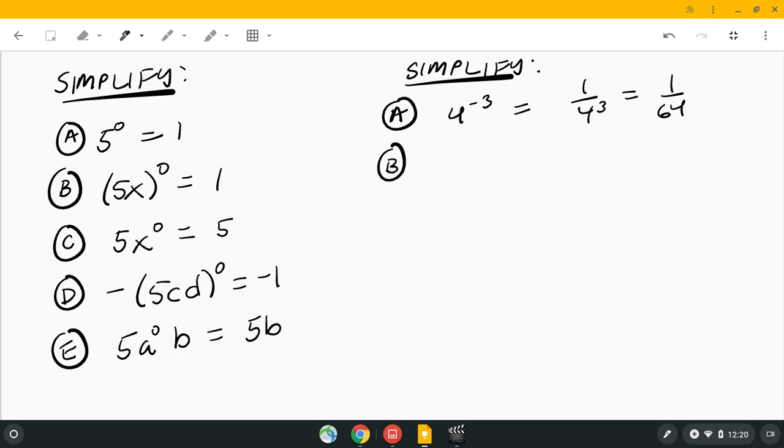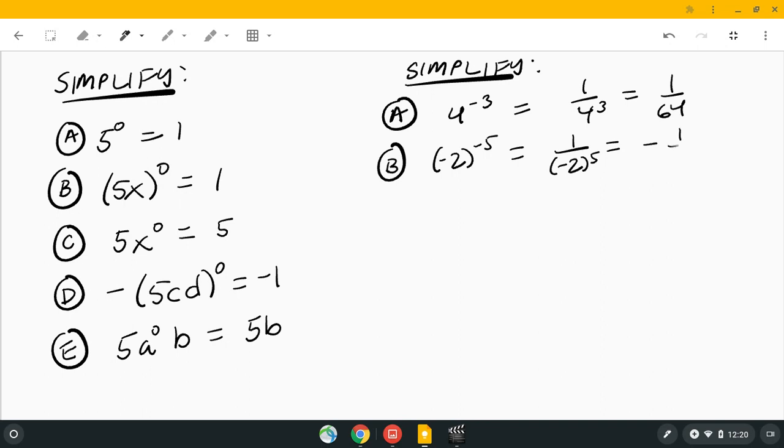If we have negative 2 to the negative 5th power, this will be 1 over negative 2 to the 5th. Negative 2 to the 5th is negative times negative times negative times negative times negative, so that's going to be a negative number.